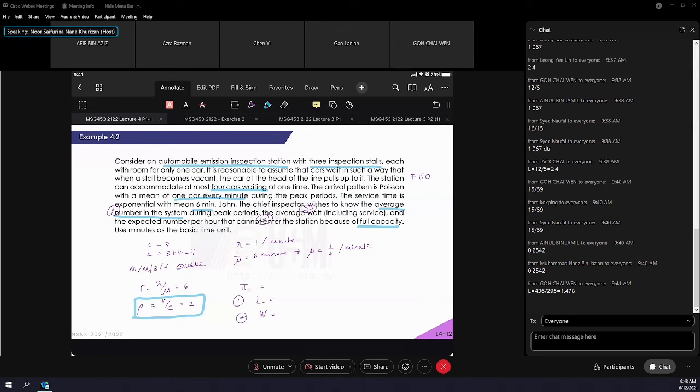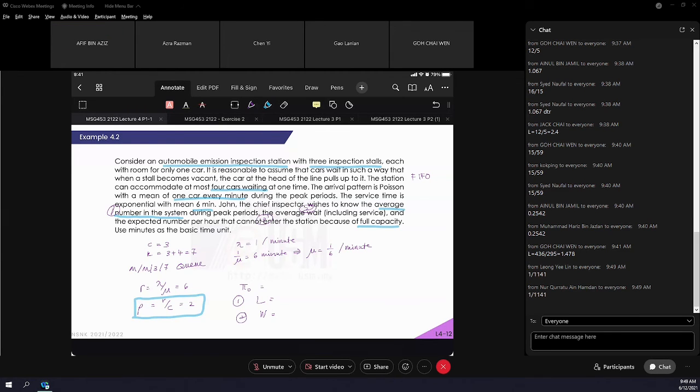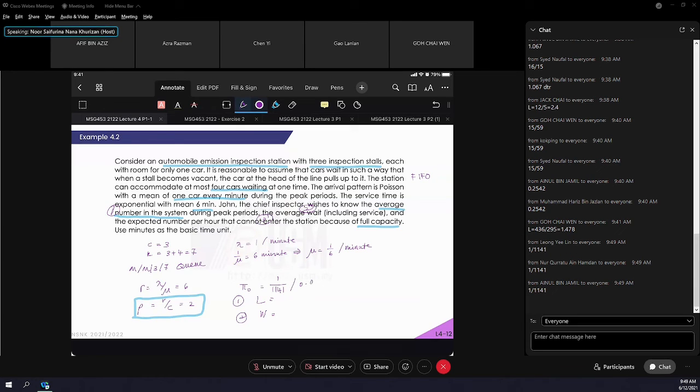Your rho is equal to 2, not equal to 1. So what is the value of your pi naught? It is 1/1141, or in decimal, very small, 0.00088, something like that.